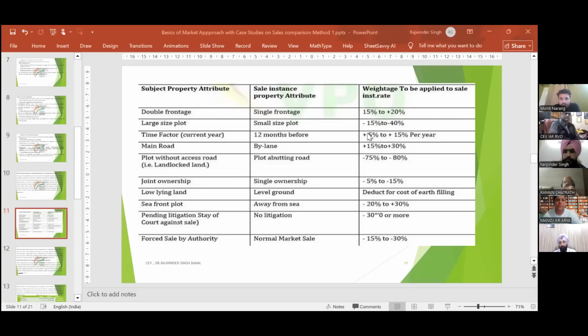It is not that simple that you will simply apply 15%. Sometimes you may have to explain why you chose 15%. Why not 18%, 20%? This is where your expertise comes into play.